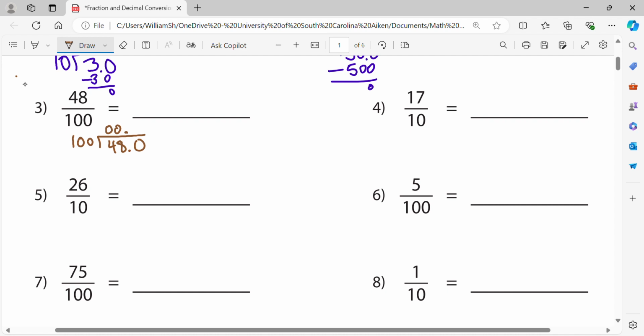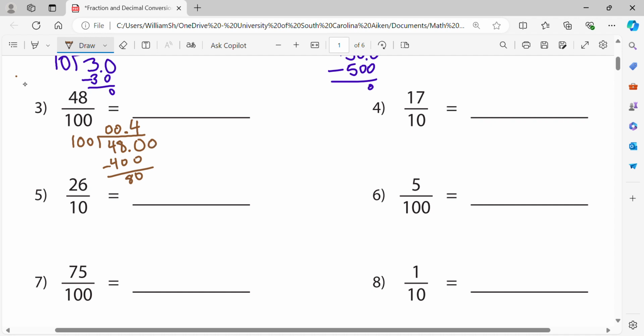Now, 100 does go into 480. Doesn't go into it perfectly, but it does go into it. So 100 goes into 480 4 times. 100 times 4 is 400. So I'm going to subtract this off, and I'm going to get a remainder of 80. Well, we don't want a remainder. We have to completely zero it out here.